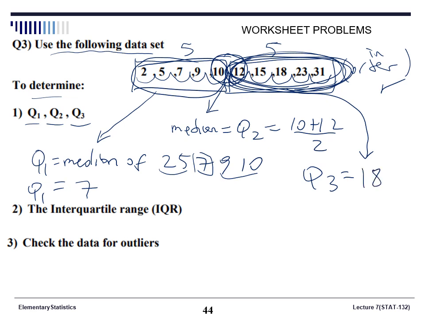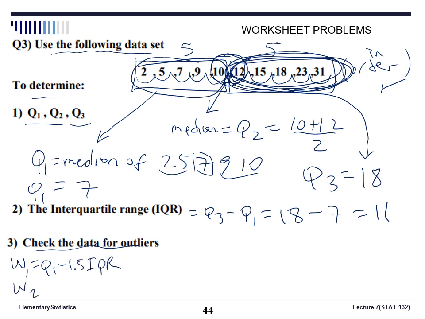The IQR is the difference between Q3 and Q1, which is 18 minus 7, which is 11. And for the outliers, you have to find W1, which is Q1 minus 1.5 IQR.